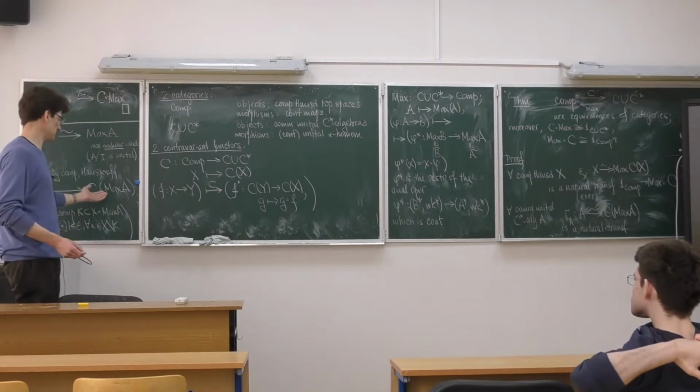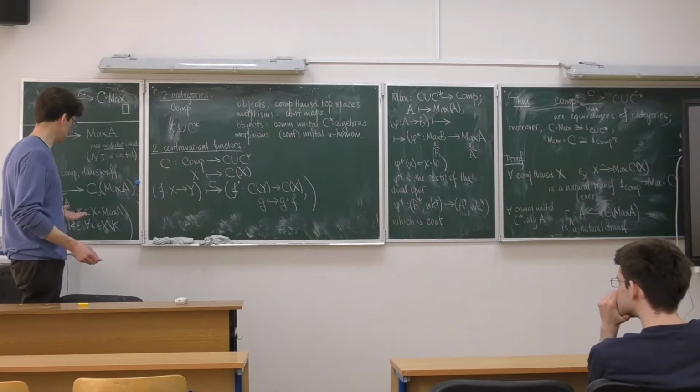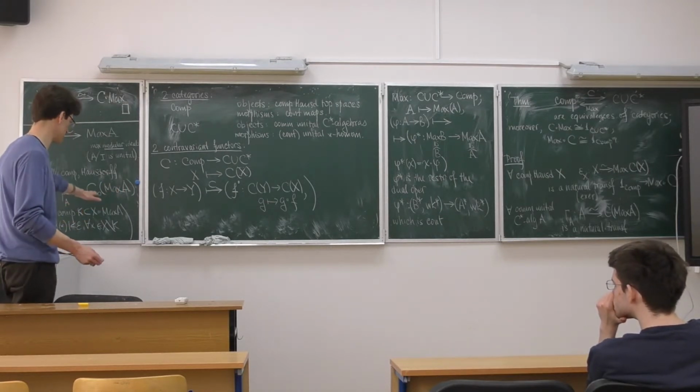Of course, in the unital case, this is just the algebra of all continuous functions. But in the non-unital case, this space is not compact, so this property is essential here.